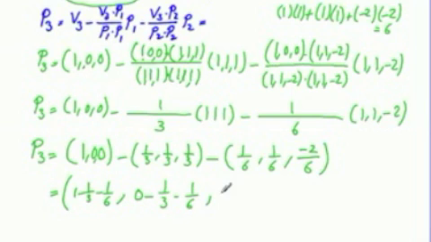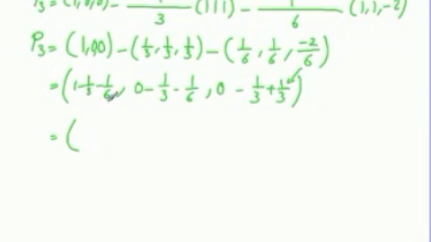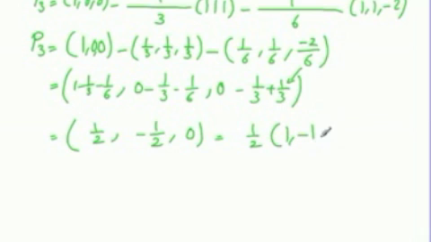Third component 0 minus 1/3 minus minus 2/6, and this is 1/3. So what is this one? This one minus 1/2, is that right? And this one 0. So P3 became 1/2 of 1, minus 1, 0.